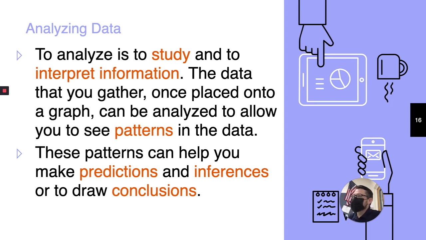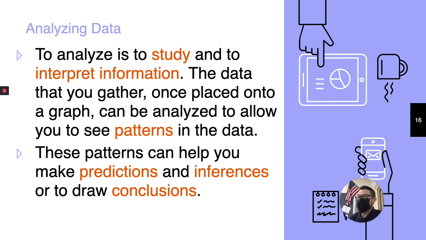So what I mean by that is if you're, say, tracking your savings, as in the last graph, that graph went from January to May. Well, after May is June. So what happened in June? Well, we don't know specifically because we didn't graph that data.